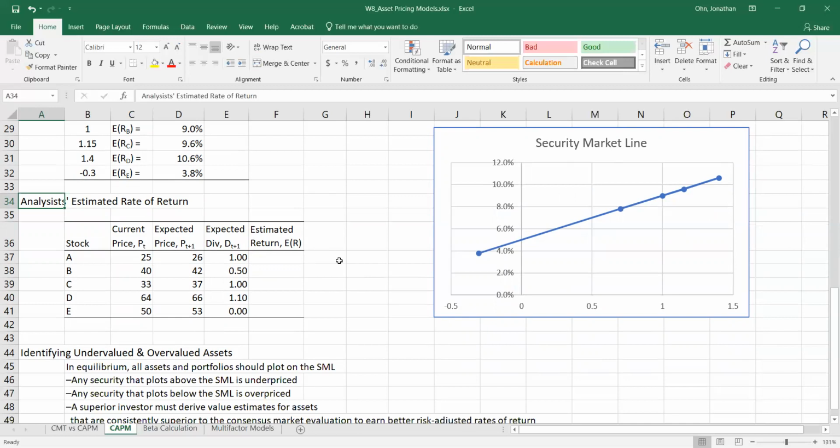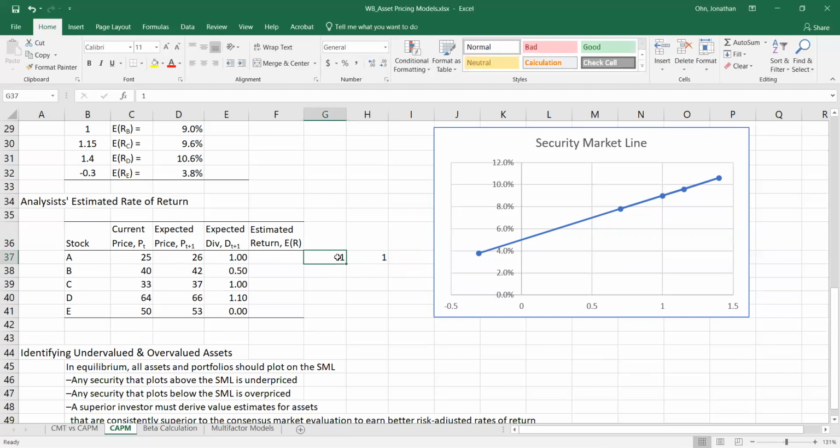One source is the price change: 26 minus the expected price of 25, that's $1, and that's the price appreciation. The other is the dividend, which is $1. So we have two different sources of income.